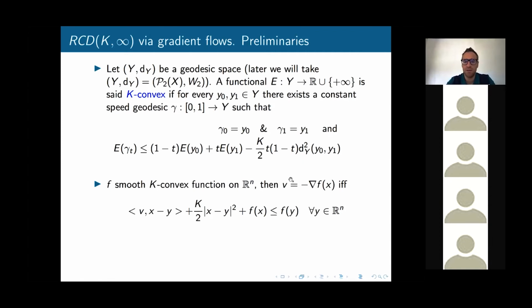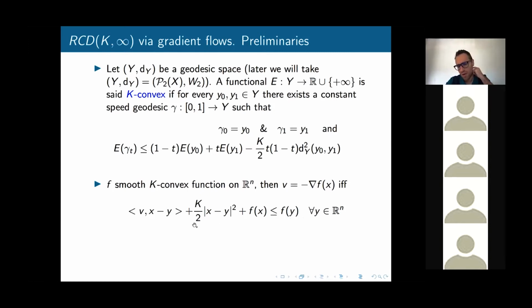It turns out that a vector v is minus the gradient of f at the point x if and only if this inequality holds. So let's read it together. What I'm saying is that v scalar product the difference between x and y, plus this K modulus of convexity, plus f of x is less or equal than f of y.